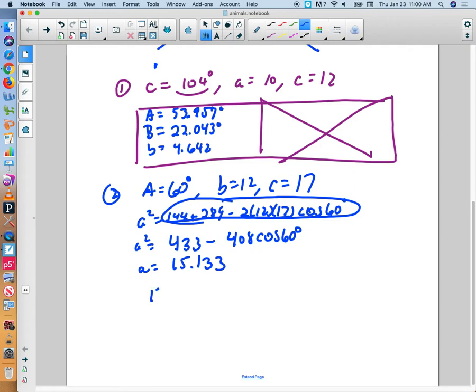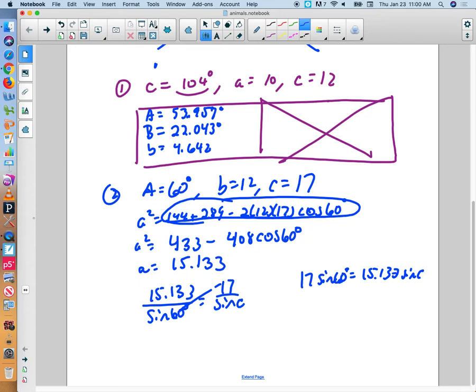So I'm going to say a over sine A equals c over sine C. And now I'm going to cross multiply. I'm going to need some help here. So I have 17 sine 60 equals 15.133 sine C. And this may work out.